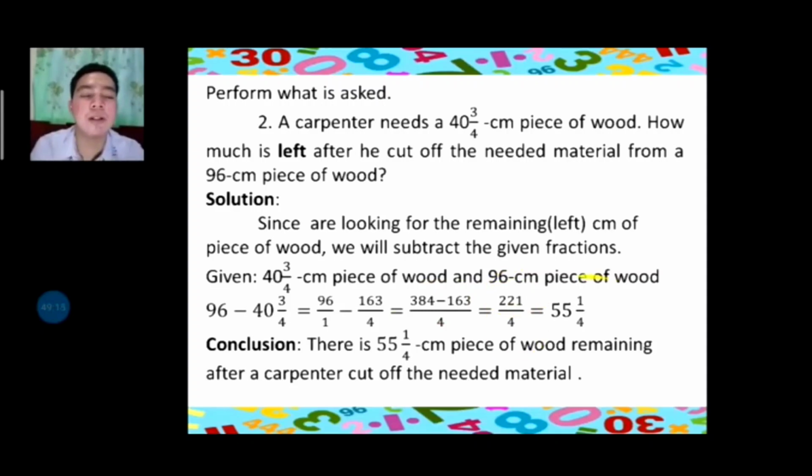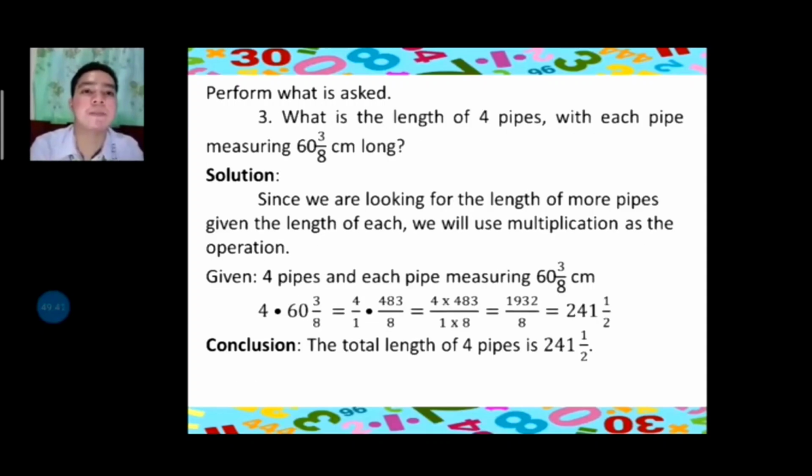And that is equal to 55 and 1/4. Just divide 221 by 4. And this will be your result. So our conclusion will be there is a 55 and 1/4 centimeter piece of wood remaining after the carpenter cut off the needed material. That will be the remaining centimeter piece of wood, 55 and 1/4.